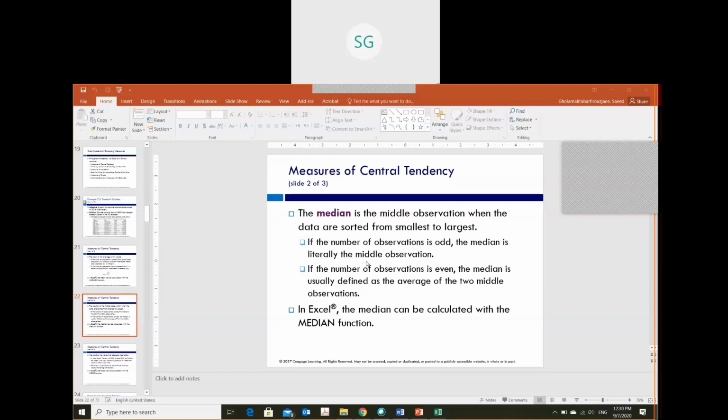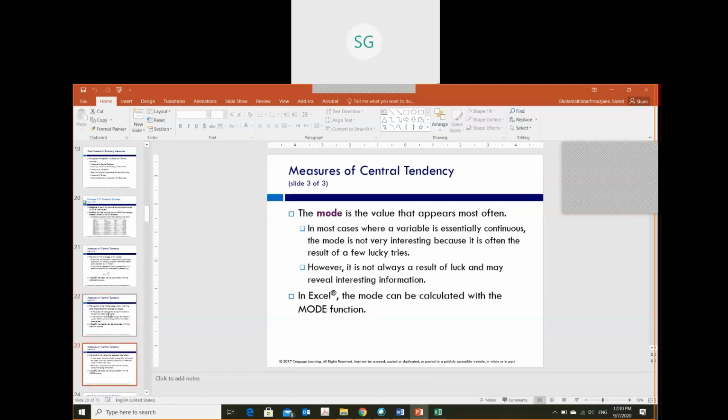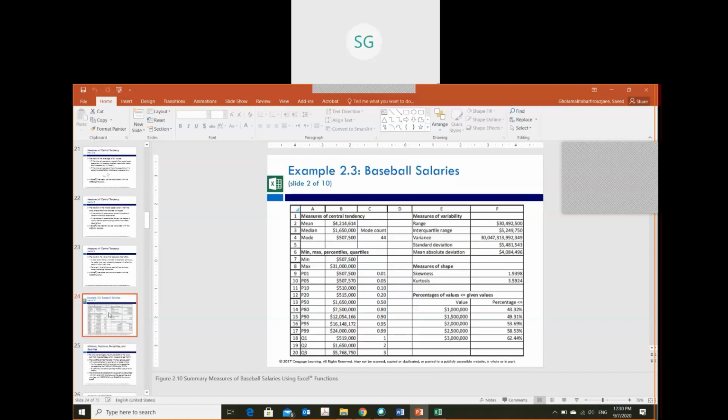If the number of observations is even, we have to take the average of the two middle observations. So in Excel, we use the median function. And mode is the value that appears most often, the most often salary. And we use the mode function for that. So now, let's see how we can calculate these values: measure of central tendency, mean, median, and mode.